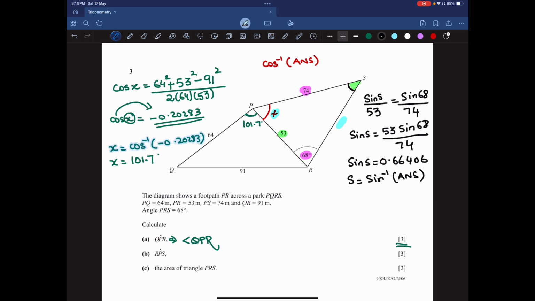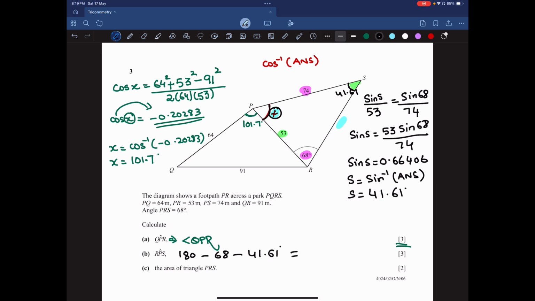So sine inverse of the answer that you got is 41.61056666. Keep that answer on the calculator screen as well. So this is 41.61, and we need to find this angle. So angle X is going to be 180 minus 68 minus 41.61 degrees, right?